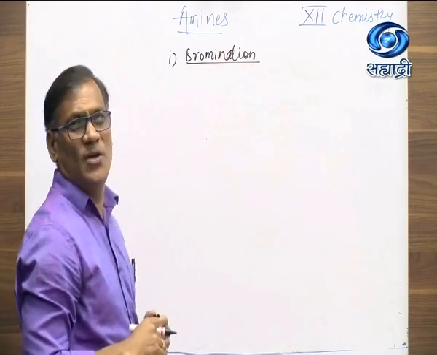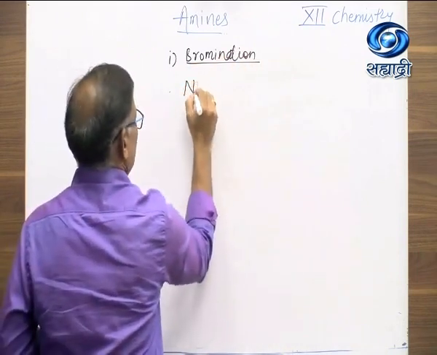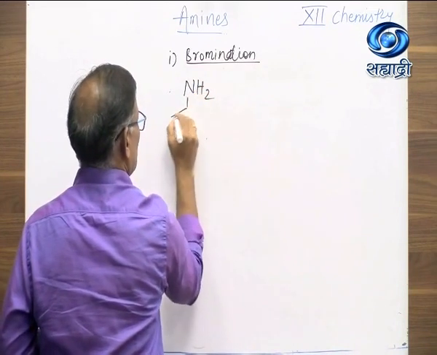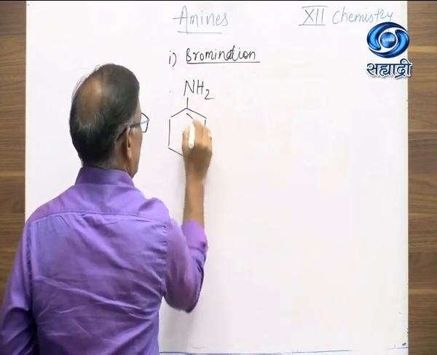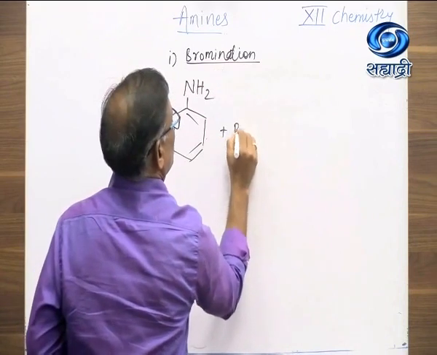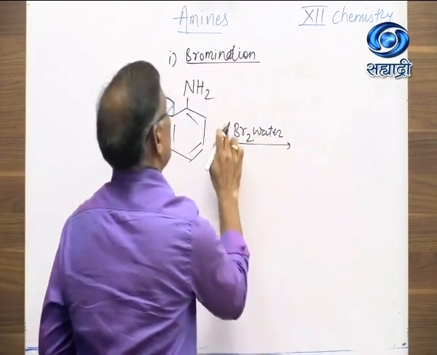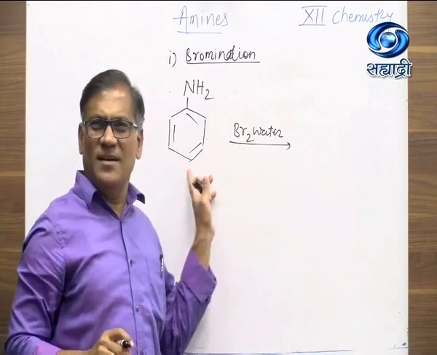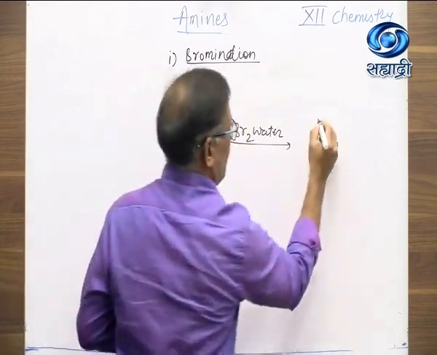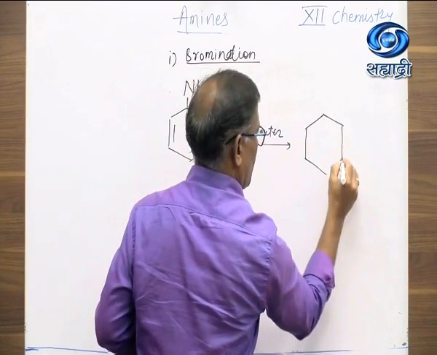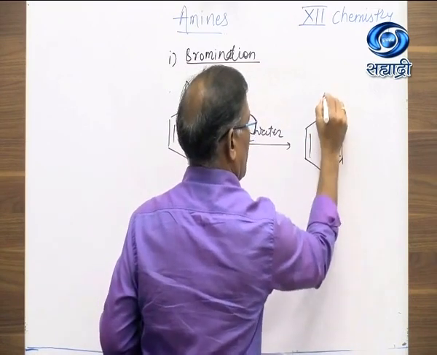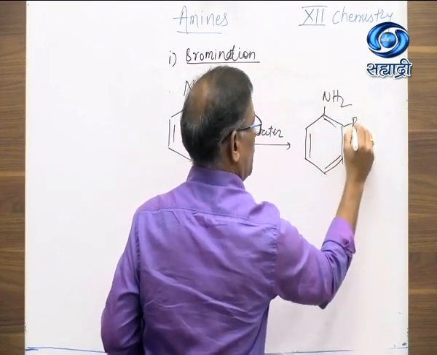In this reaction, students, as it is an aromatic substitution reaction, when aniline is treated with bromine water, aniline reacts with bromine water to form a white precipitate of 2, 4, 6-tribromoaniline.